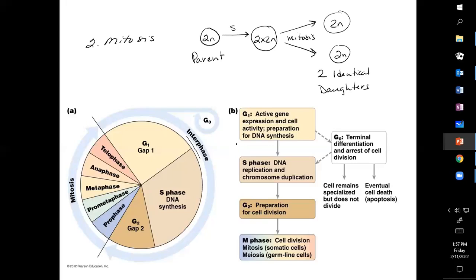So let's look at the stages of mitosis. The first stage, and there's more detail in your book than I'm going to require you to know. I just want you to know what I'm going to teach you here. So the first phase is prophase.